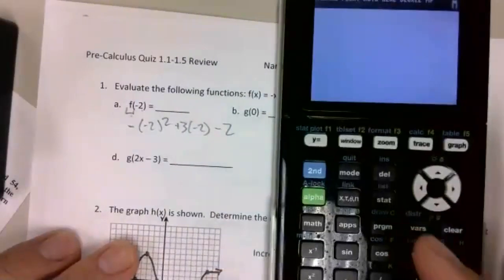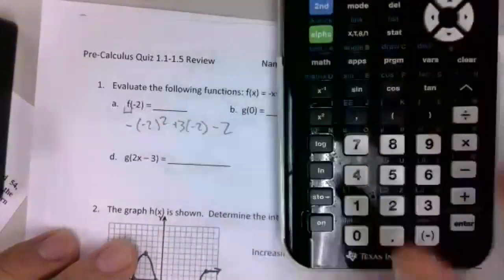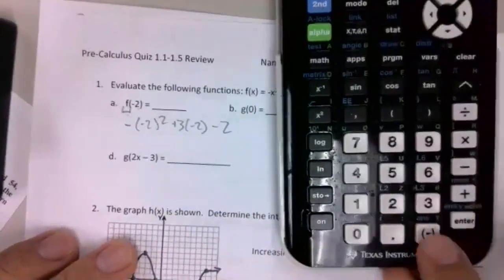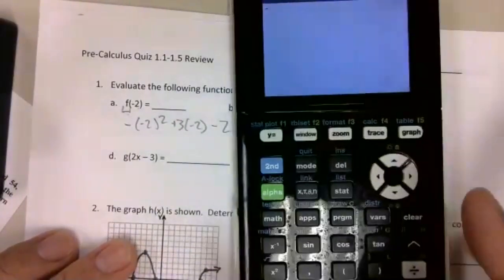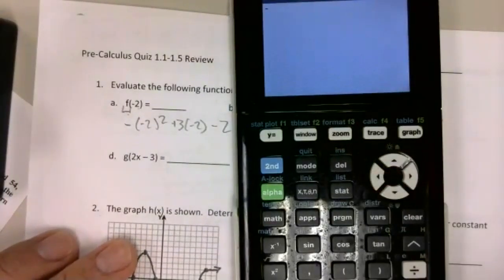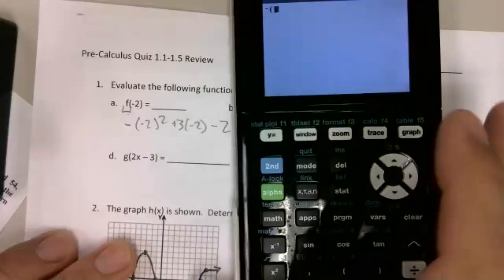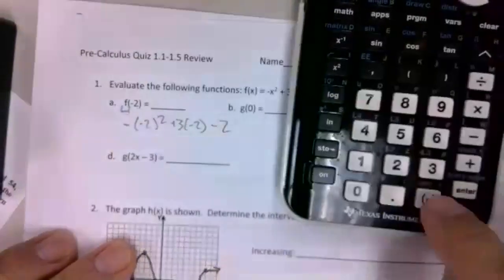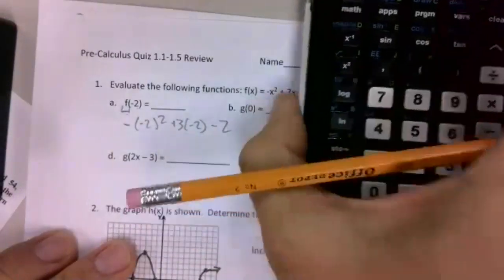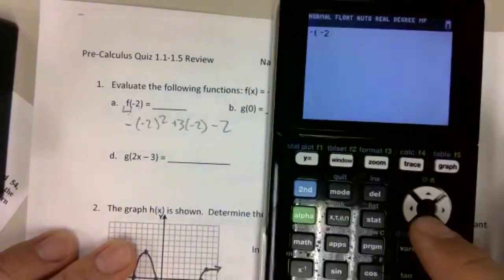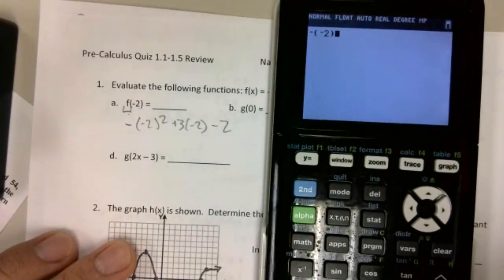So if I want the opposite of -2, I have to hit the opposite. So this one, parenthesis, parenthesis, -2, again, close your parenthesis, and then squared is the button catty corner from, or diagonal from, the 7.